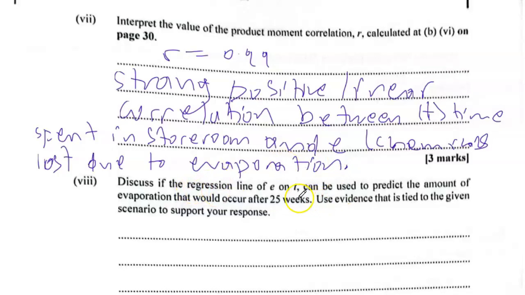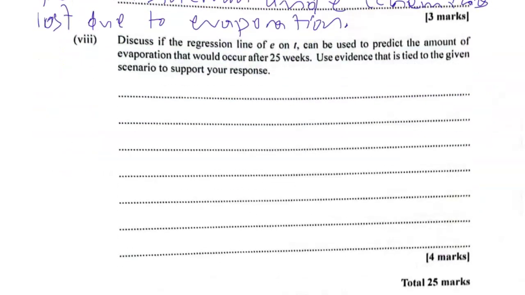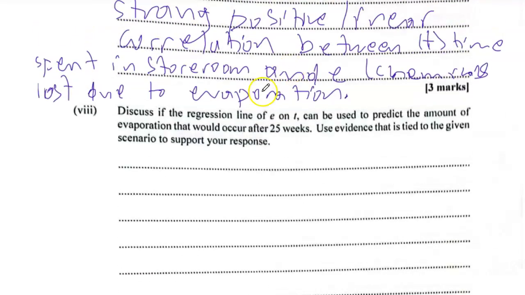Discuss if the regression line of E and T can be used to predict the amount of evaporation that would occur after 25 weeks. Use evidence that is tied to the given scenario to support your response. So the regression line can be used to predict the amount of evaporation that would occur after 25 weeks.